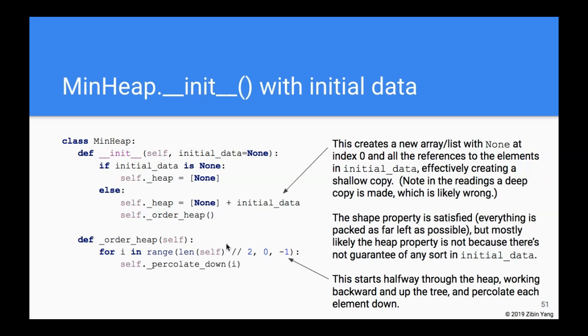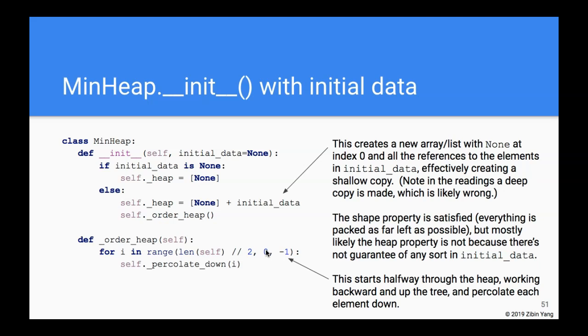And what order heap does is deceptively simple. So we start in the middle of the heap. So this is the length of the entire heap. We divide it by 2, so we start somewhere in the middle, and then we go backwards. That's what the range with minus 1 is, right? And we go all the way back to 0, but not quite 0, right? Because the end index is exclusive.